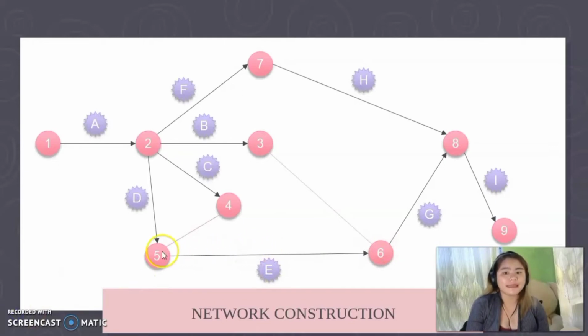So we have a dummy activity here between 4 and 5. A dummy activity is also called an imaginary activity. For an imaginary activity, there will be no duration because this dummy activity indicates a precedence relationship only.